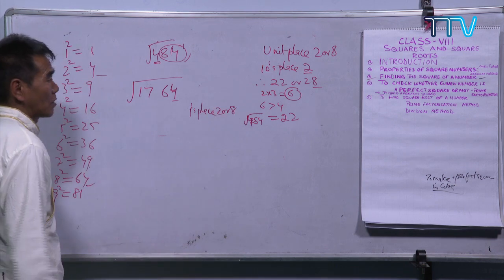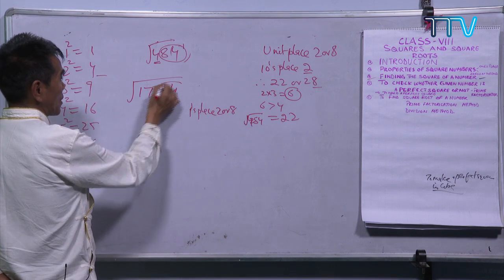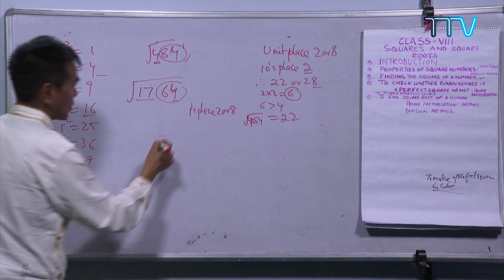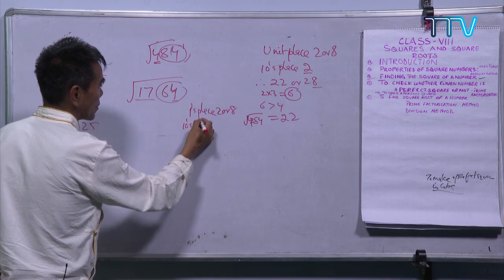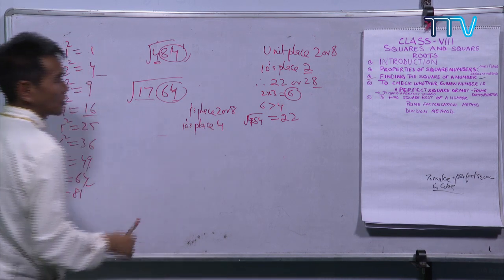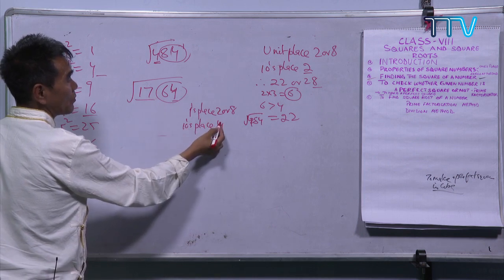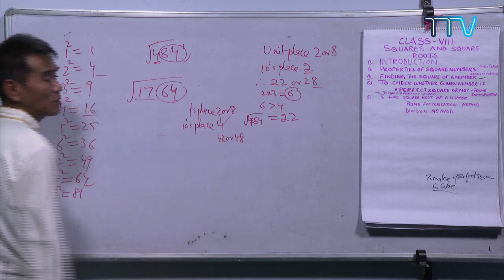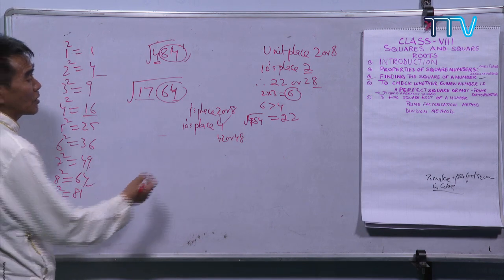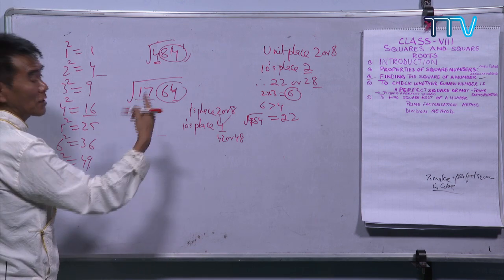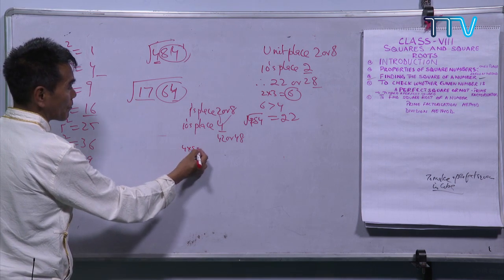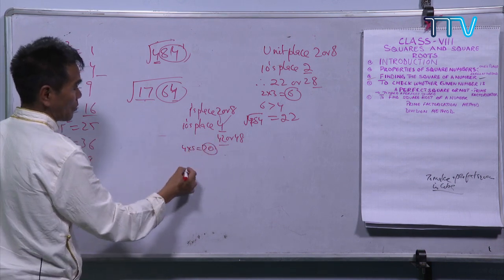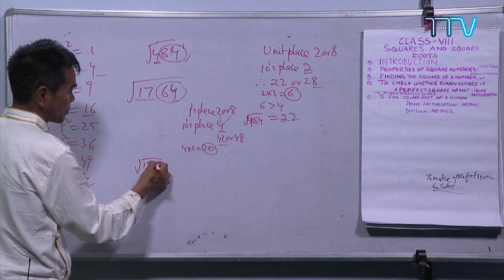The perfect square before 17 is 16, so the tens place is 4. The number is either 42 or 48. The tens digit is 4 and its next number is 5, so the product is 20. 17 is less than 20, so we take the smaller number. Therefore the square root of 1764 is 42.